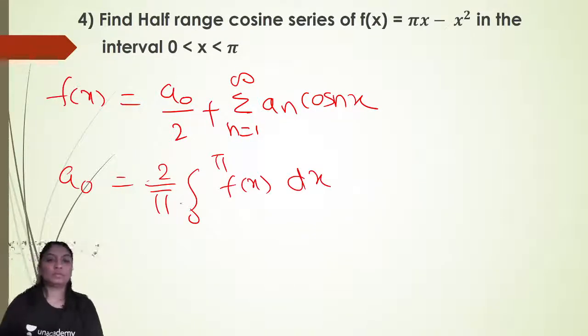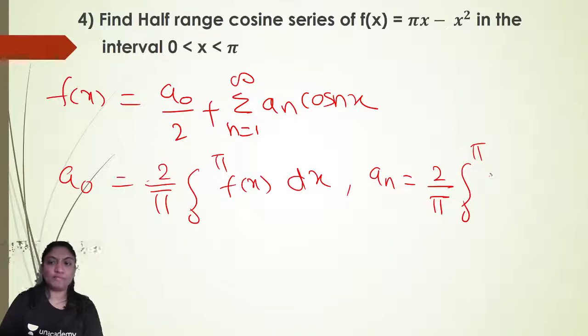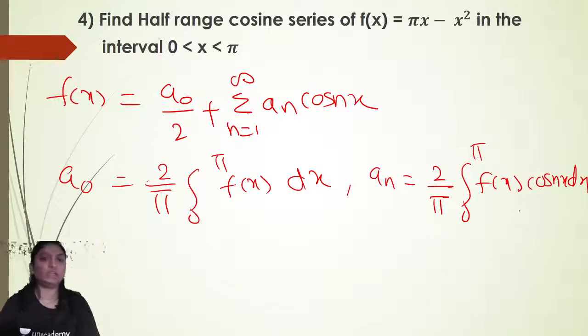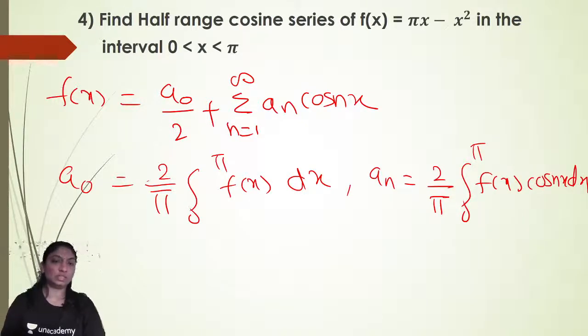Right? And a n is equal to 2 upon pi integral from 0 to pi f of x into cos nx dx. If the interval changes, the half-range Fourier series also changes.